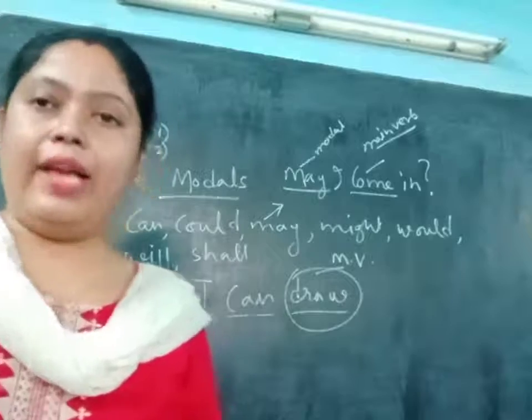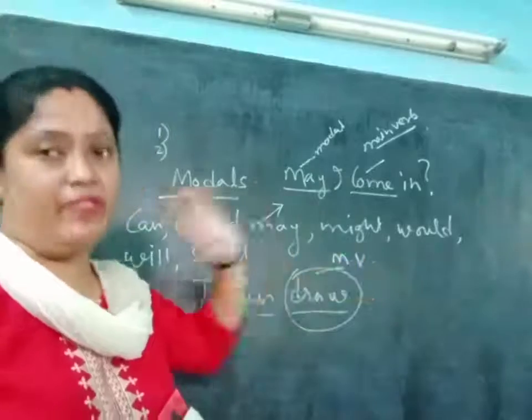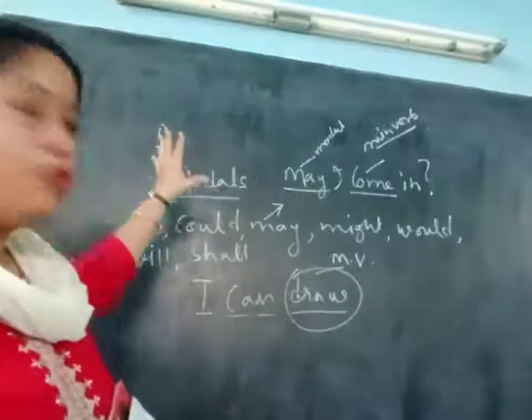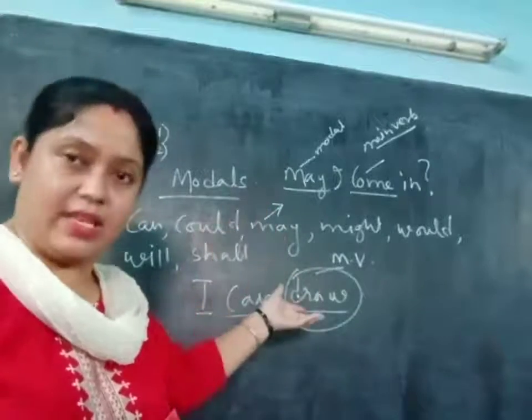Okay, so these are the modals. Modals are also there, we will discuss further, just to make you understand what the modals are and what the uses of the modal are.